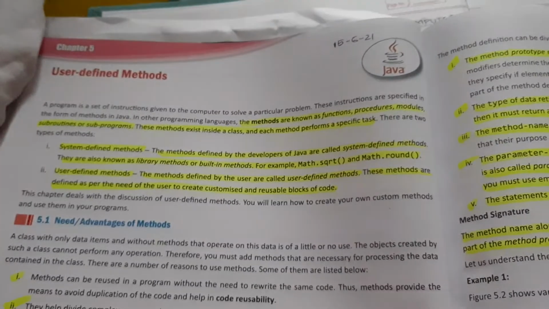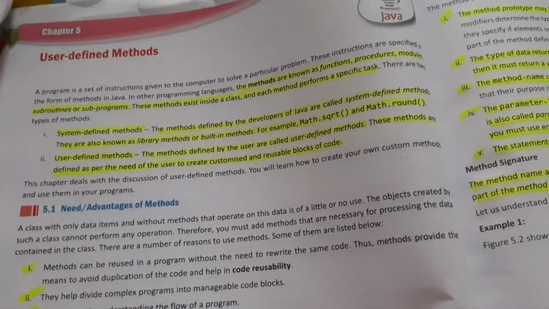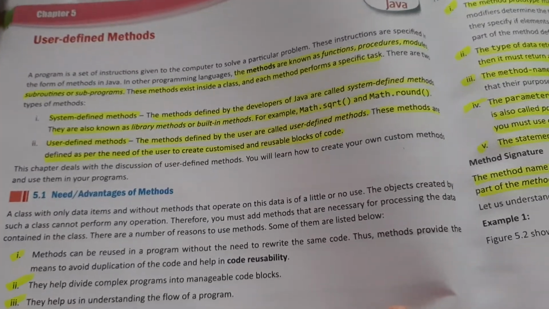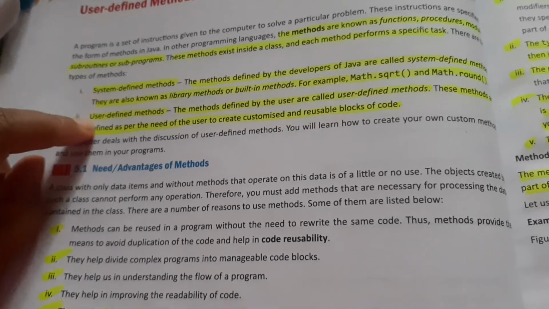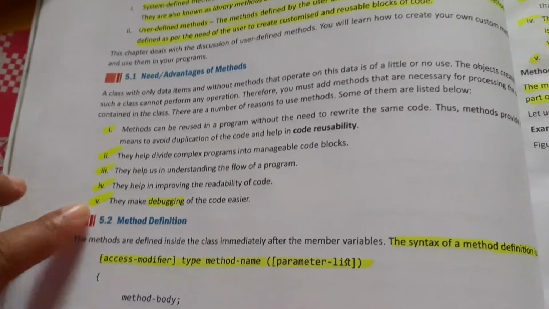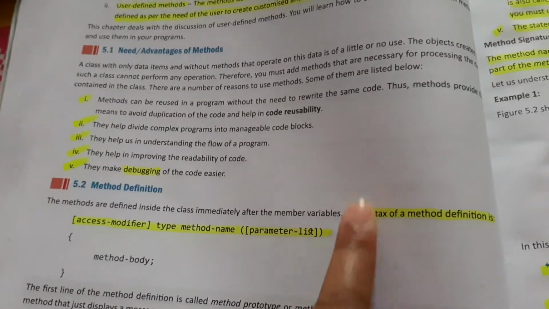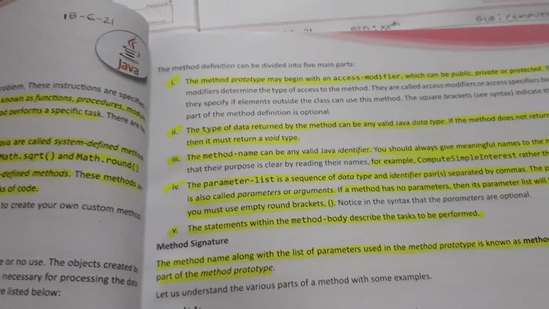So we have learned today what a method is. Methods are the kinds of functions, procedures, modules, and subprograms. There are two types of method, that is system defined method and user defined method. And what are the advantages? These are the advantages. What is the syntax? This is the syntax. And this is an example, down here you can see, and then you can see the description given here.